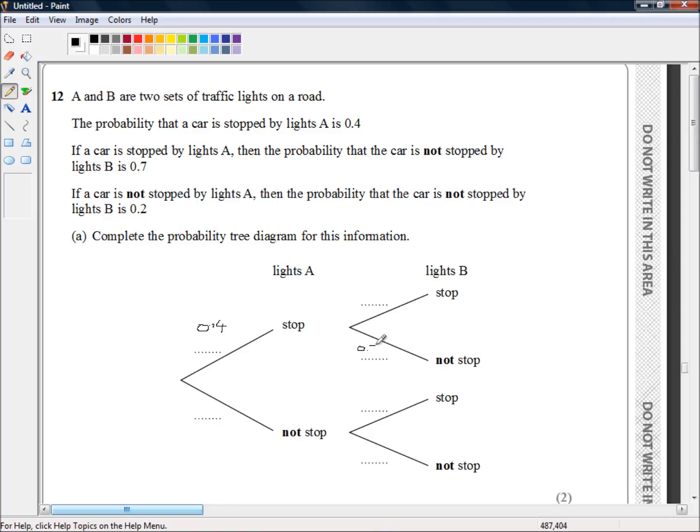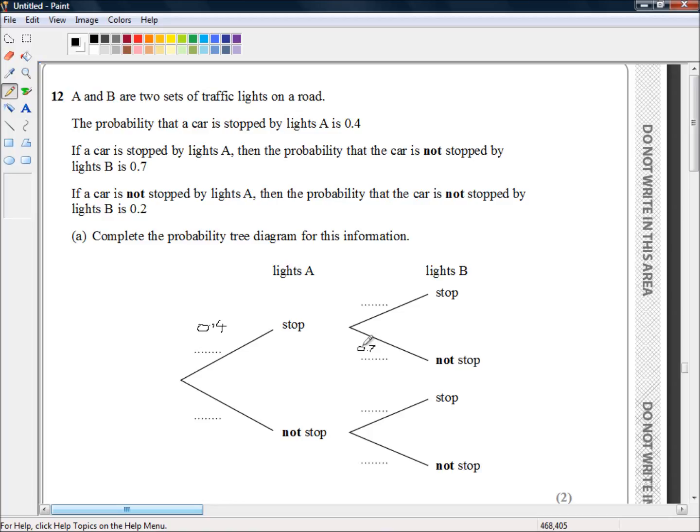In fact, while I'm here, I might as well fill in the other ones. If the probability of this is 0.7, the probability that a car is stopped by the traffic lights or the probability that it's not stopped, they're mutually exclusive. The car is either stopped or it's not stopped.